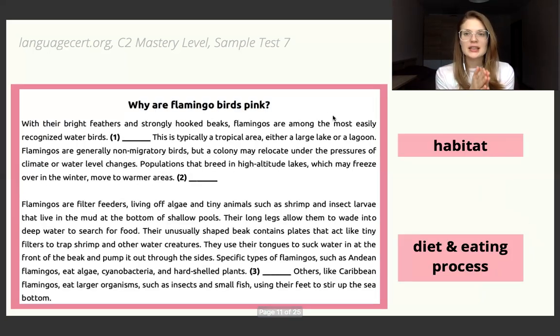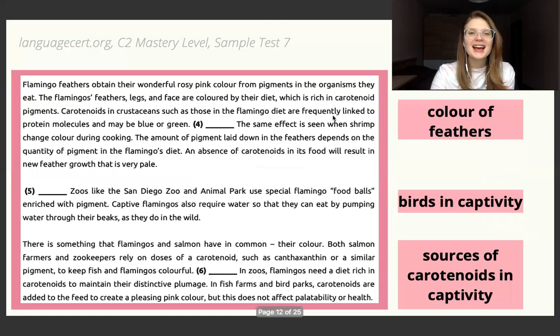So look, the first part, the first two passages of the text. The first one is about the habitat, where this species live, and whether they migrate and where, and how it happens. The second is about their diets and their eating process, so how they actually eat food and other details. Next passage, it explains why they have this color, why their feathers are some particular colors, how it happens, what is the reason.